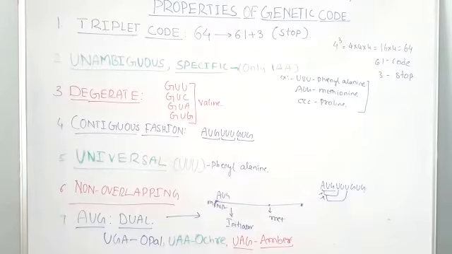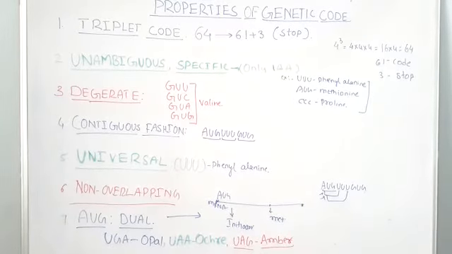Today we are proceeding towards salient features of genetic code. In the previous video we discussed the definition of genetic code and the historical background of the genetic code in detail. Today we are discussing some salient features of genetic code, also known as properties of genetic code.